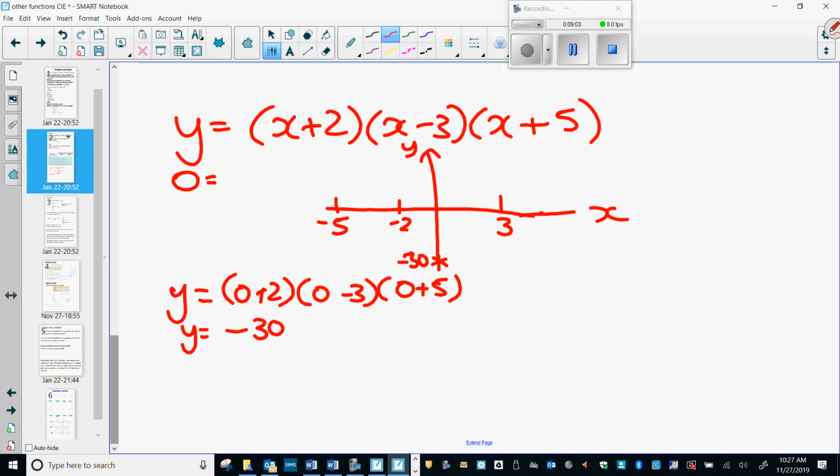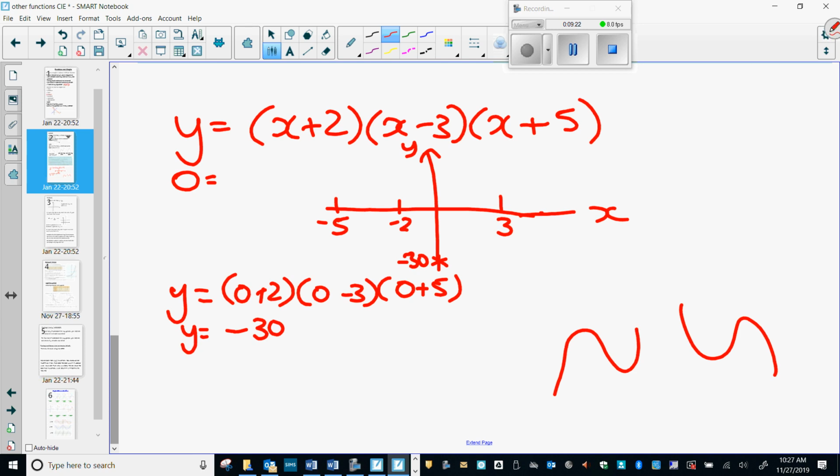But then we have to say, well, what do we do now? Well, we know the rough shape of it is either this or this. So it's either up, down, up, or down, up, down. We decided that that's determined by the value in front of the x cubed.